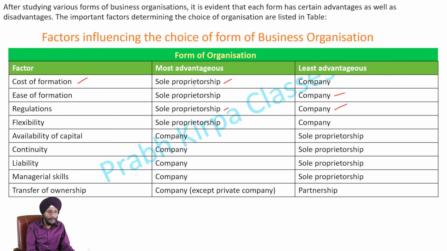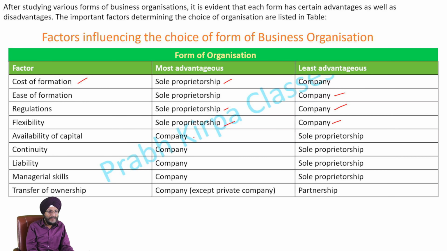In the case of sole proprietor, he himself takes all the decisions. He is flexible enough to take the decision on the spot as the situation warrants. But in the case of the company, a set of rules have to be followed. So it is inflexible to take decisions in the case of a company.